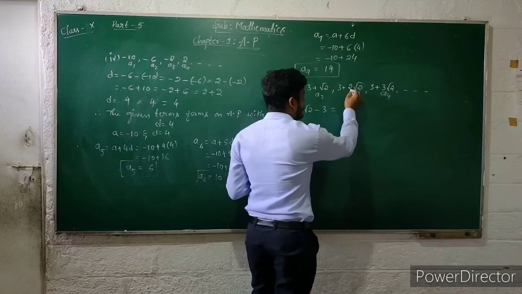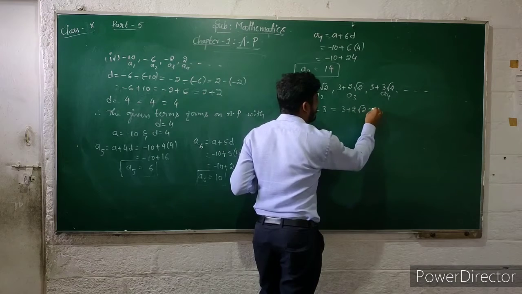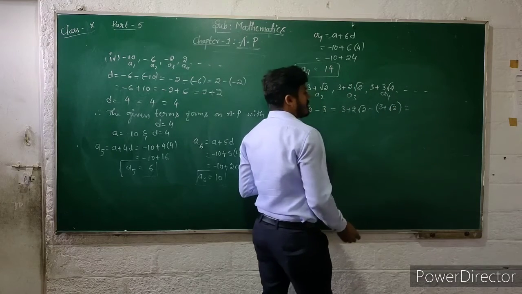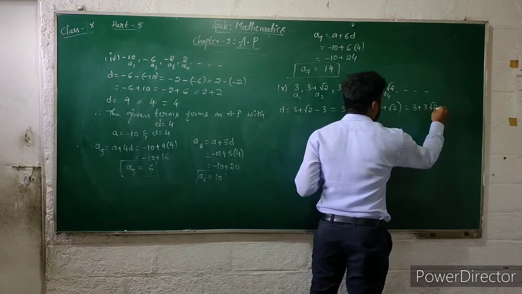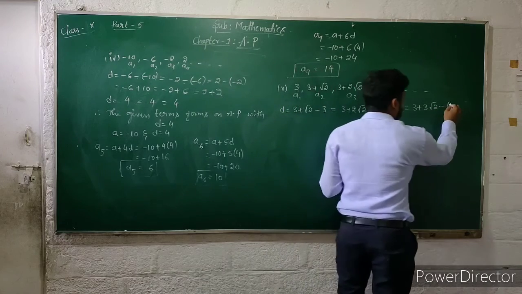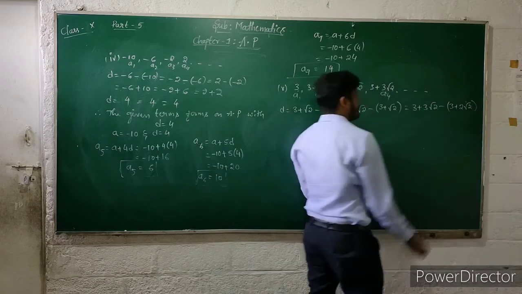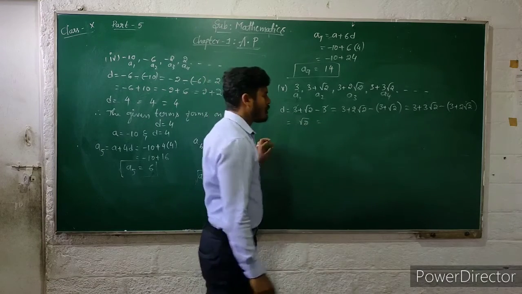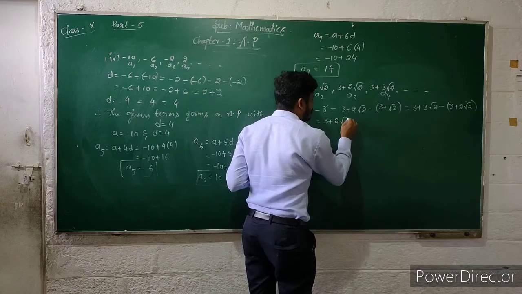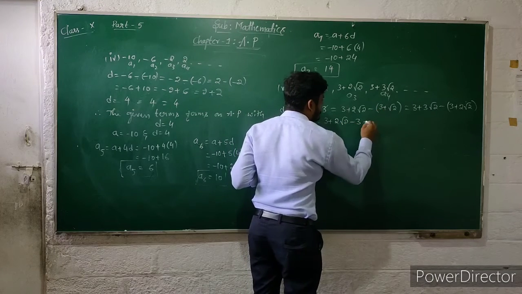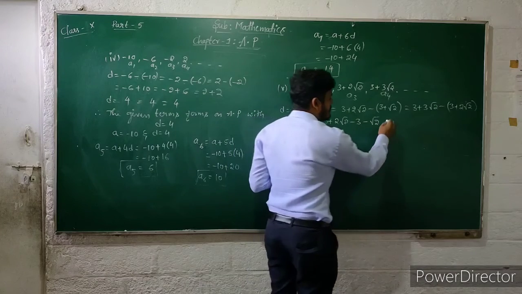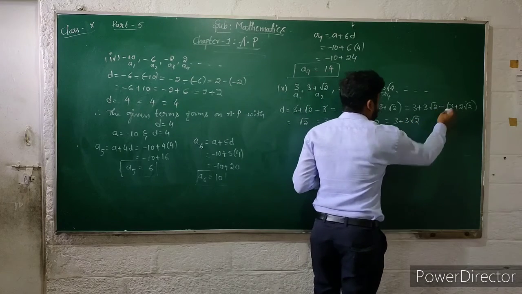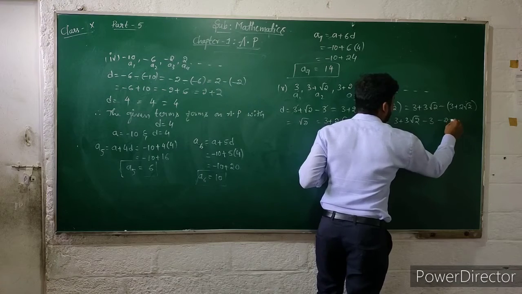This is equal to A3, 3 plus 2 root 2 minus of 3 plus root 2, is equal to, then fourth term 3 plus 3 root 2 minus of 3 plus 2 root 2.